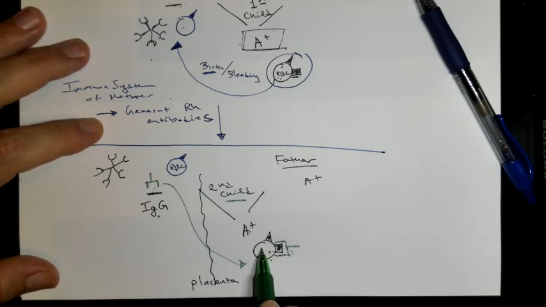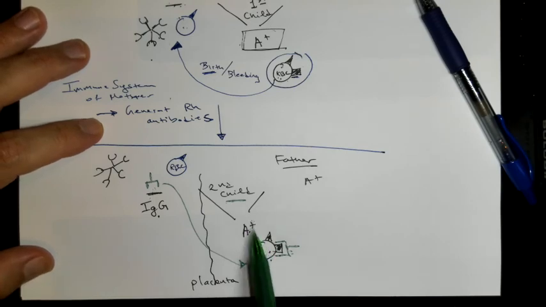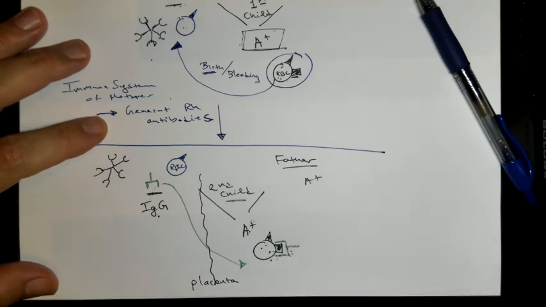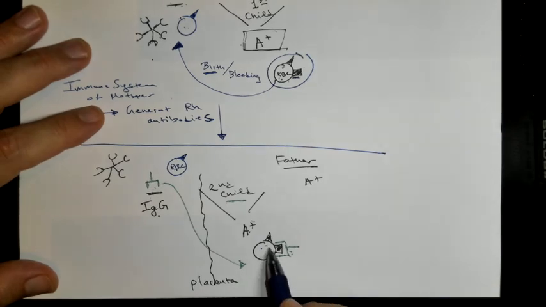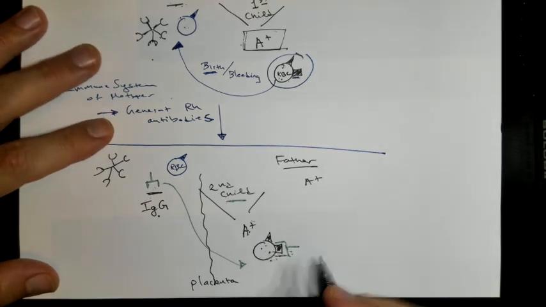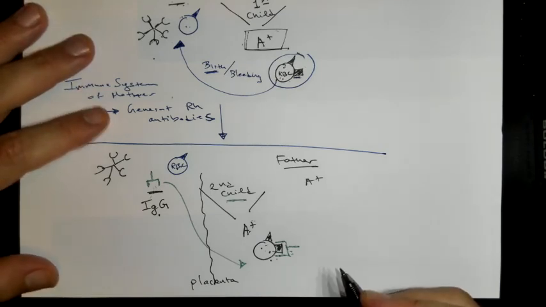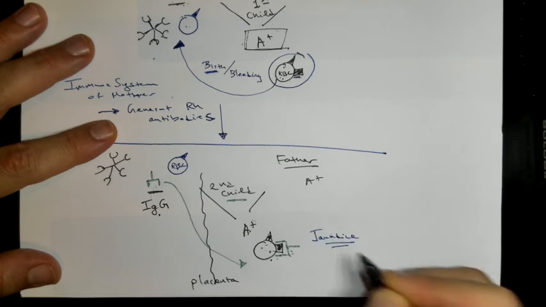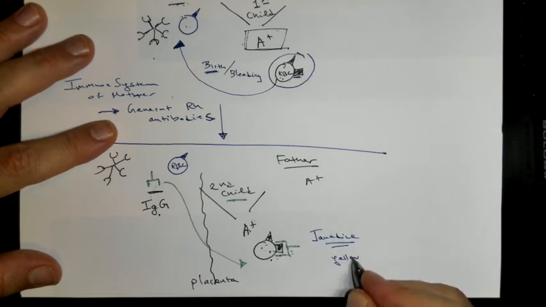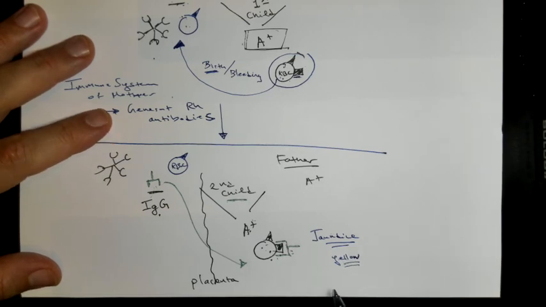And if this is the case, RBCs will get destroyed inside this child while they're inside the womb, and what we will have is hemolytic disease of newborn, which is a type of anemia where there's not enough RBCs being made, or too many are being destroyed, I should say, and we end up having jaundice, which is that yellow complexion of a newborn when this antibody is present attacking its RBCs.